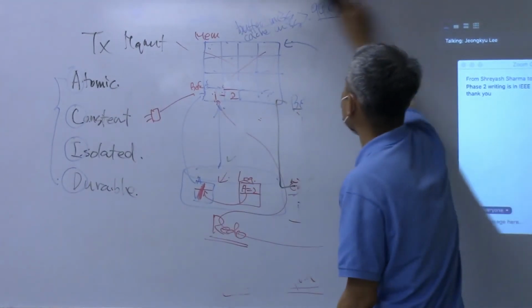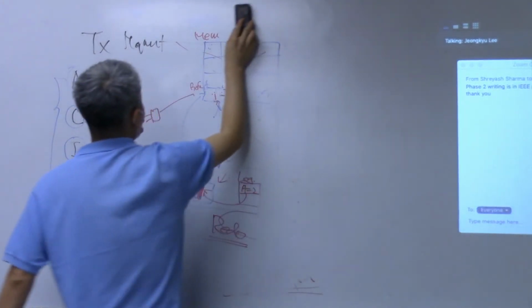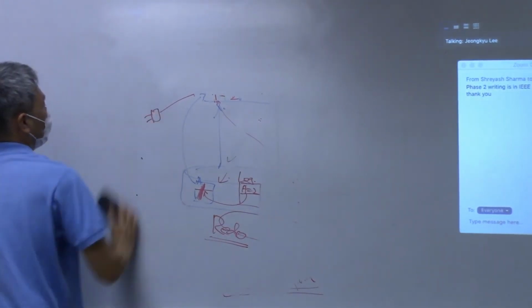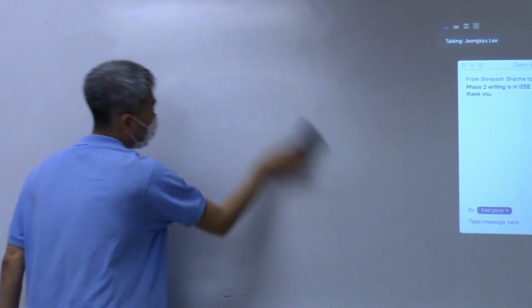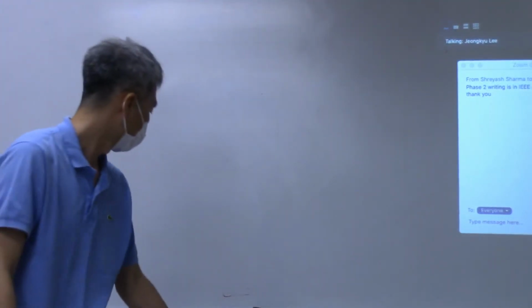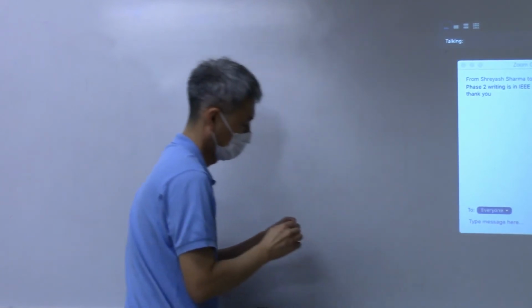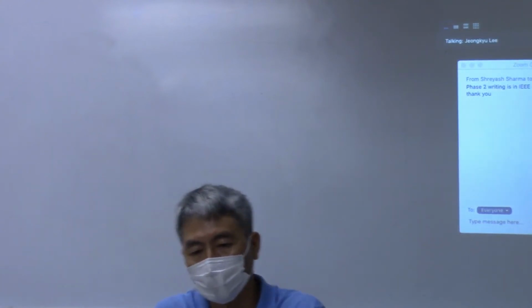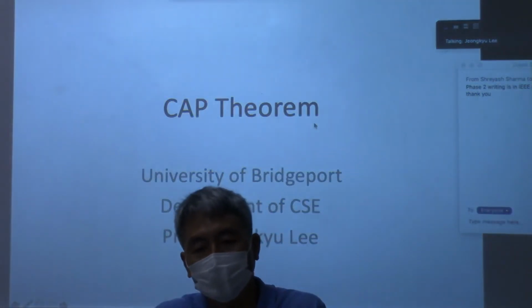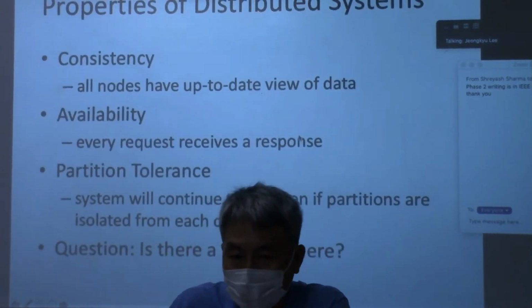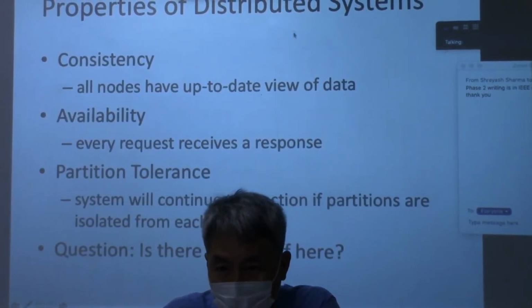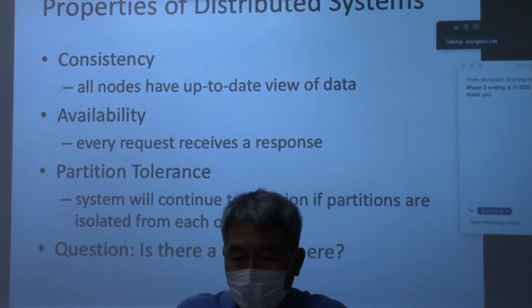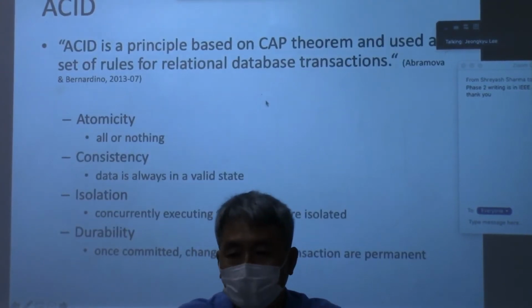So you can understand what a relational database transaction is and its characteristic, ACID. Okay, based on that.